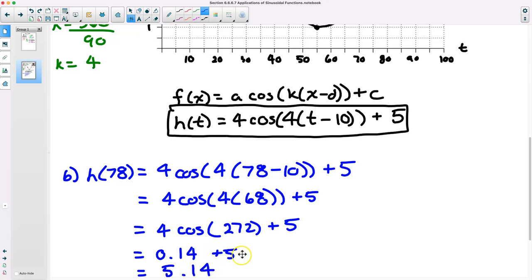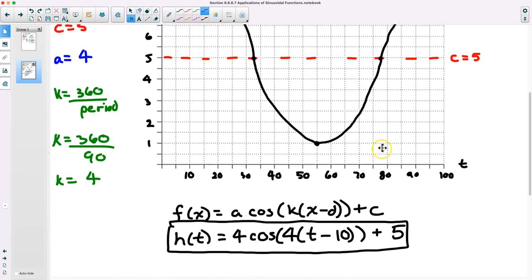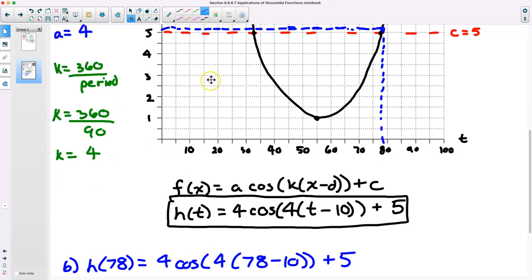5.14. So if we go to 78, which is approximately halfway, 77.5, 78 is a little bit over, so that would be right there. This is our 78. If we go up to our graph as a double check, and we go across, sorry, I should have gone right to left, we can see that this is approximately 5.14.